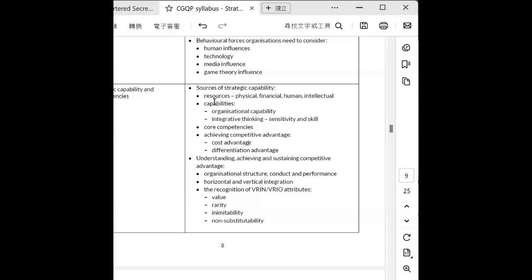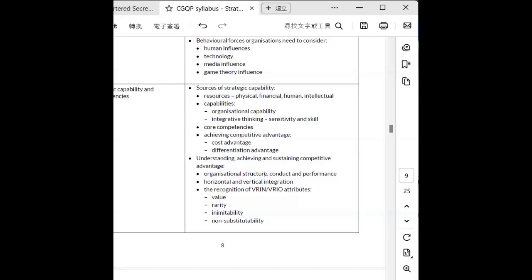Now, when you discuss, you have to make use of some of these words, some of these terms in your discussions, like core competency, competitive advantage, this sort of thing, right? So cost advantage means you produce goods at the lowest cost, lower than your competitors.